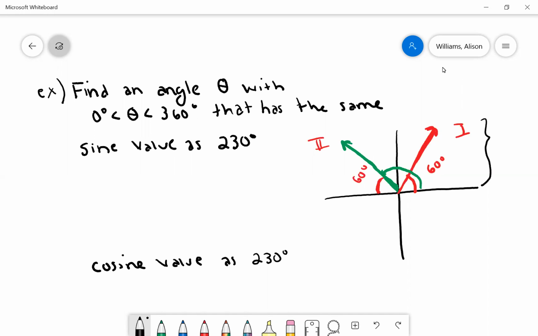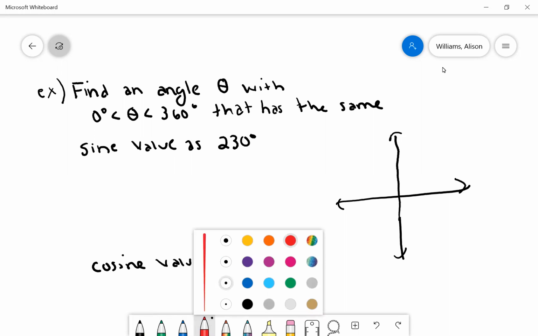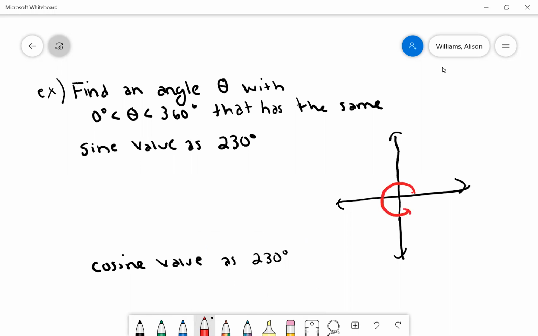So if I looked at reference angles in quadrants 3 and 4, let's say we're looking at an angle from here to here. That means we're looking at this reference angle right here from that terminal side to the x-axis. Let's say, again, it's 60 degrees.